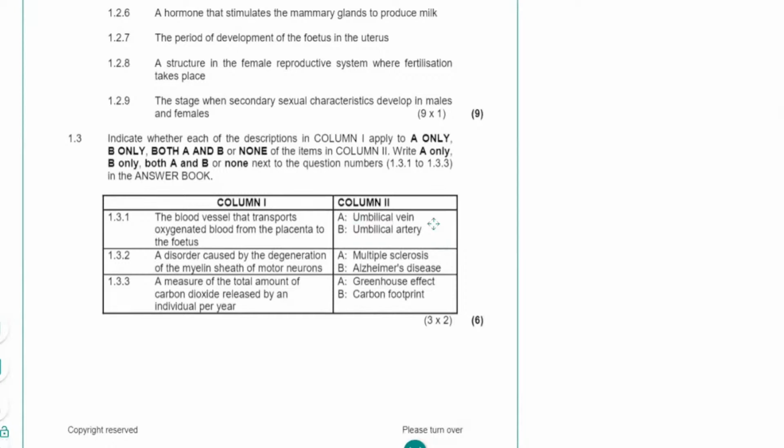Blood vessels which bring blood to the heart, we call them veins. So your answer must include the word vein. It takes blood from the mother to the baby, so the answer is going to become umbilical vein. Don't write umbilical vein because the instruction is not asking you to write the word.